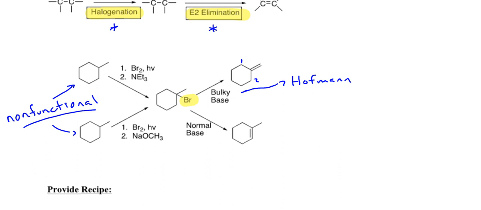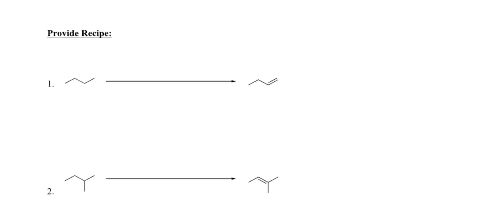So let's try to do a little predicting here. We're going to provide a recipe. So I'm going to go from my alkane to my alkene. What would be needed first? Well, first, I would need to introduce a little bit of energy and a bromine diatomic.